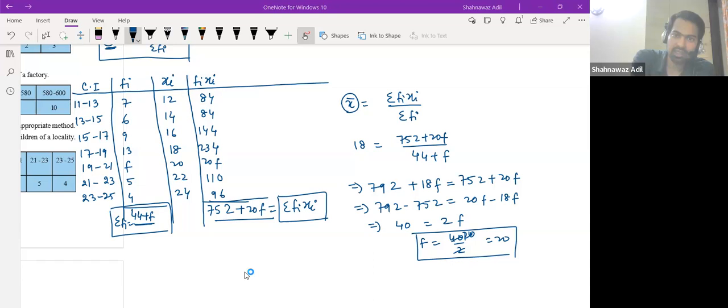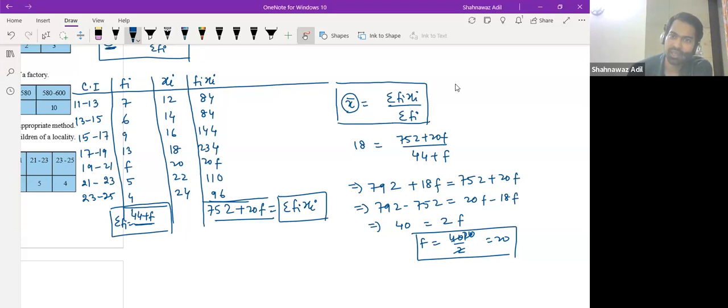Yes, Shaima, this is the direct method, right? So in the direct method, you have this one. I didn't use the assumed mean method. Let's say if I use it, the mean is already given as 18, and I'm assuming that the mean is 18. That would be absurd, right? That is why I used the direct method.